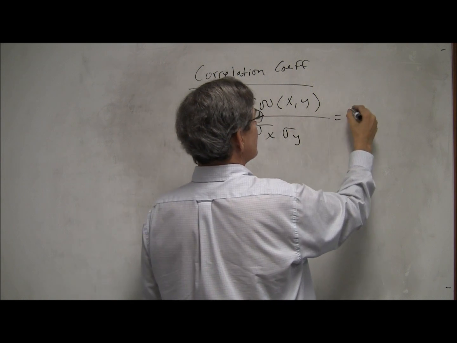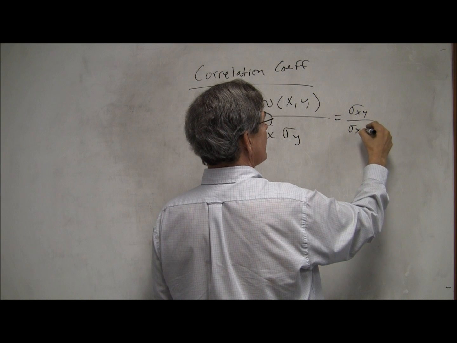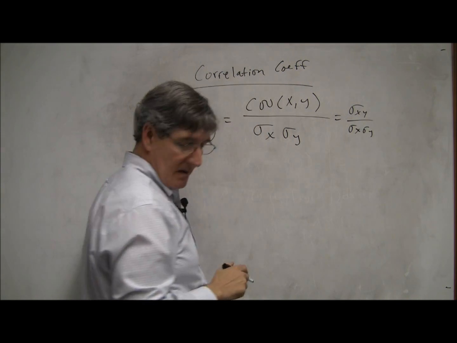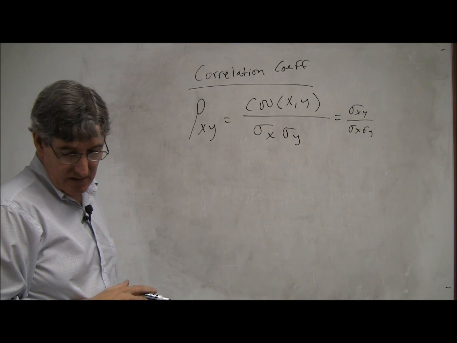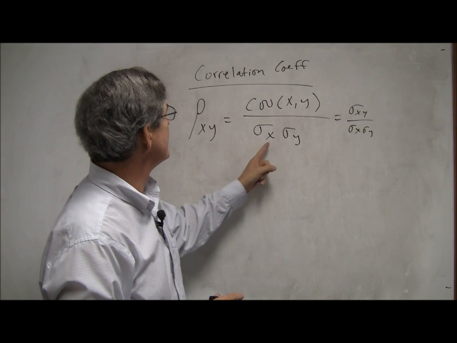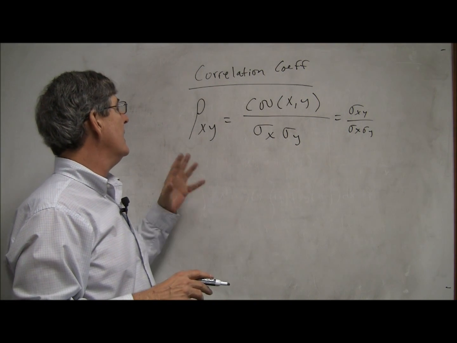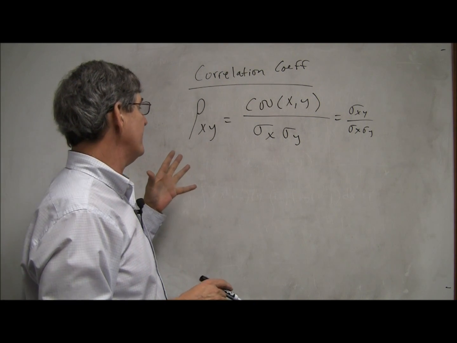Sometimes this will be written as sigma xy over sigma x, sigma y, which is another way to write the covariance. So it's just the covariance over the product of the standard deviation of x and the standard deviation of y. And that's called the correlation coefficient.